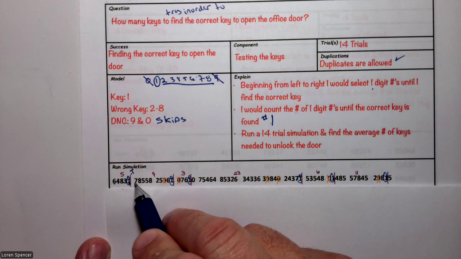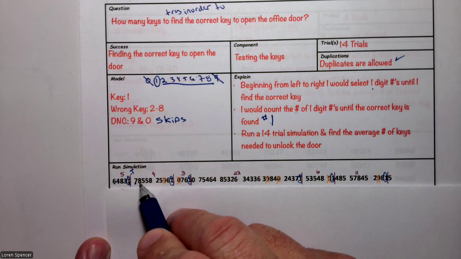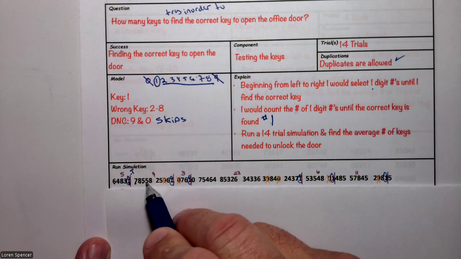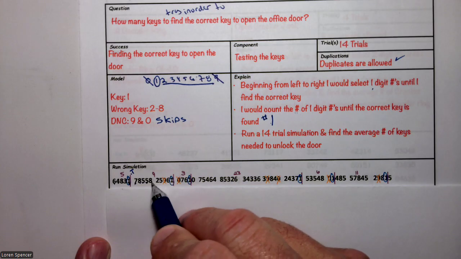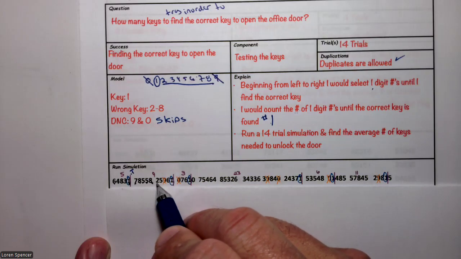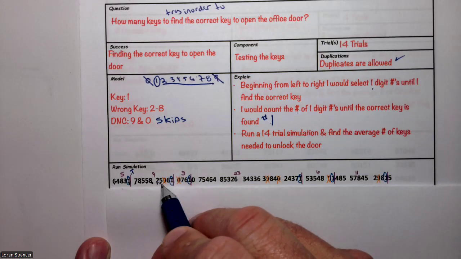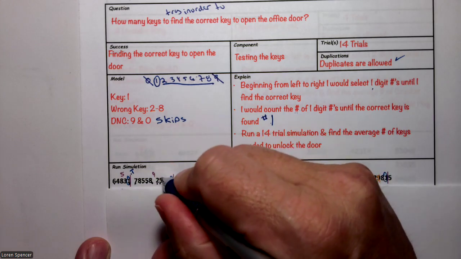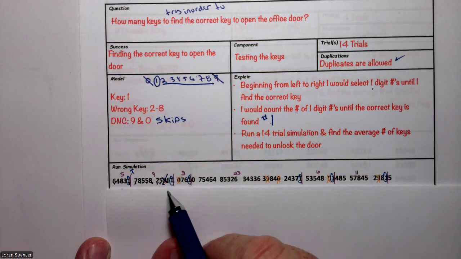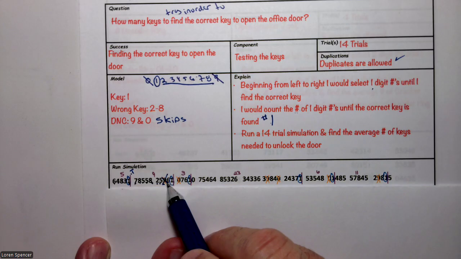So here we go. 7, wrong key. 8, wrong key. 5, wrong key. 5, wrong key. Hey, that's a repeat. But remember, repeats are allowed because he puts them back in the same pile. 8, that's a repeat, but it's okay because we put them back in the pile and can't tell them apart. 2, 5 is the wrong key. 9, we crossed 9 out because 9 is a skip. It doesn't count.